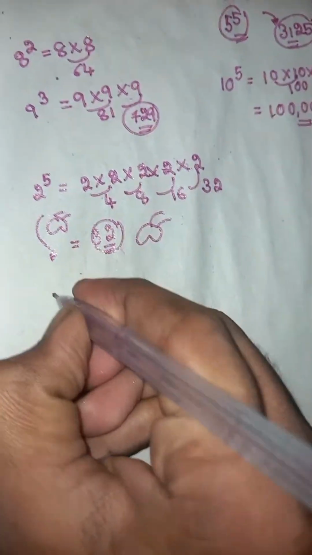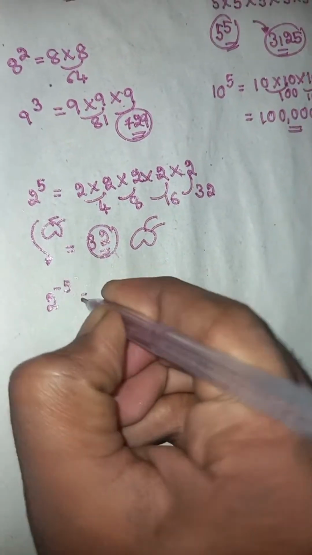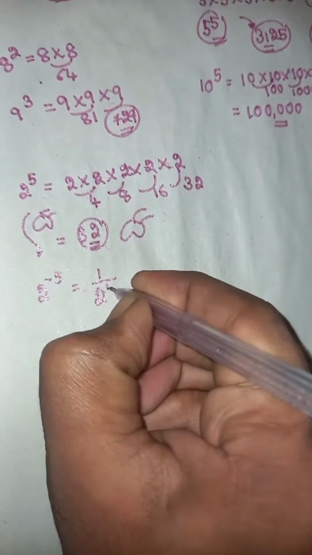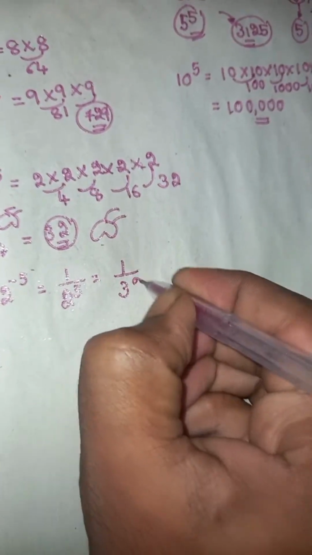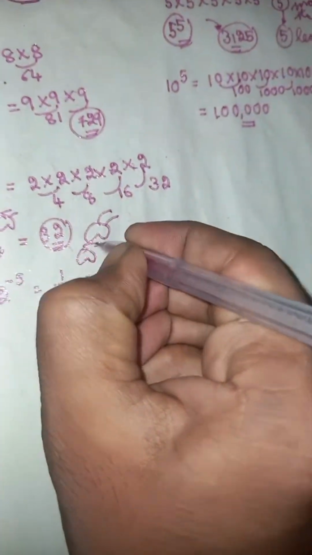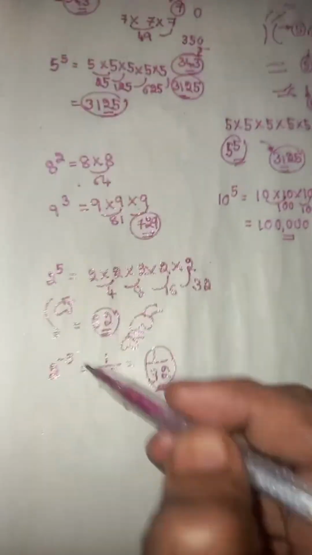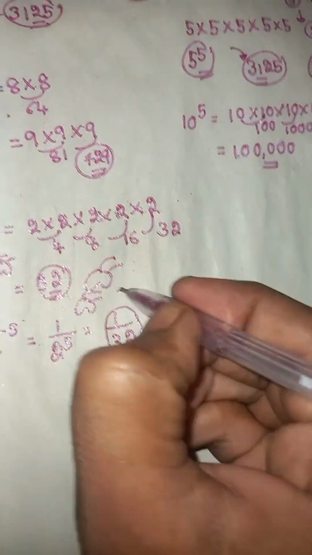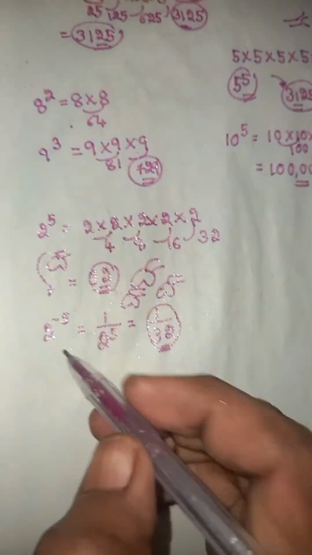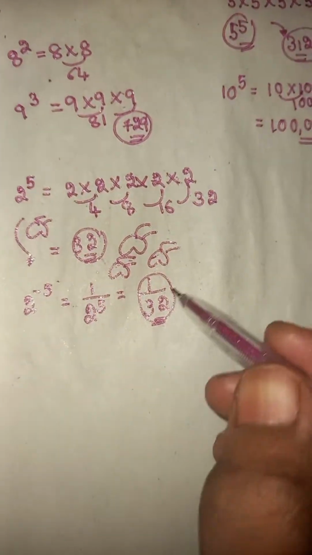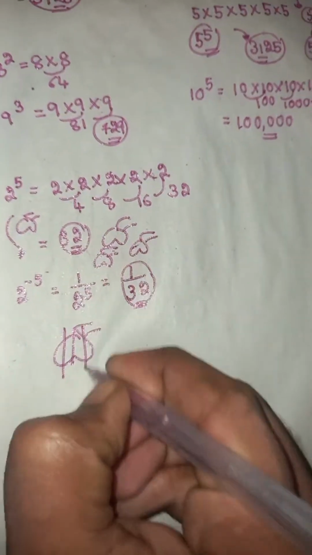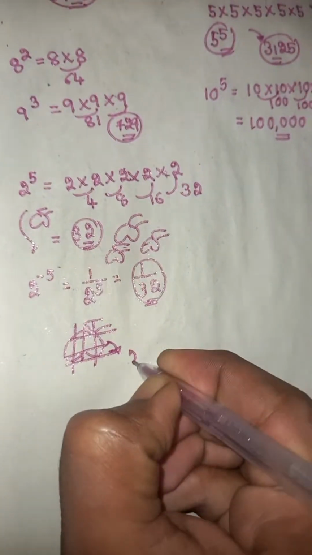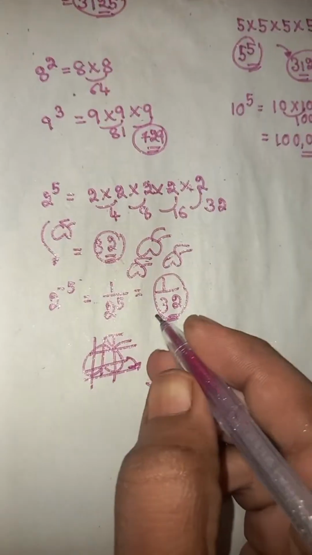What is its negative? The negative is a simple thing. 2 to the power of minus 5 is going to become 1 by 2 to the power of 5, which becomes 1 by 32. 2 to the power of 5 is extremely big, 32 apples. You will find 2 to the power of minus 5 is very, very small, as if you take an apple, divide it into 32 pieces, and take just a single piece.